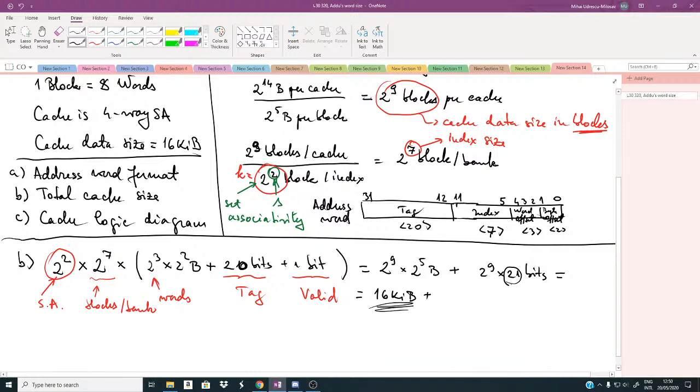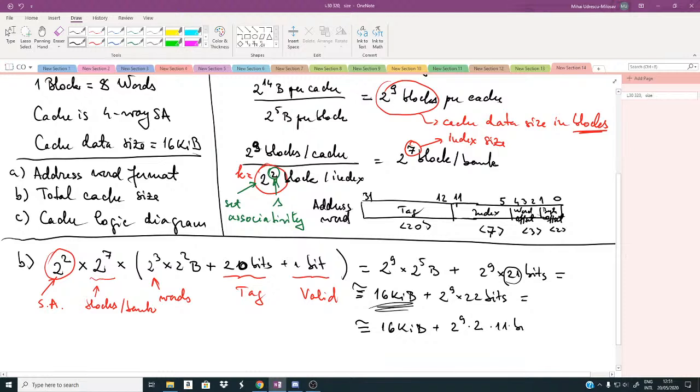Why? Because you need to divide it by 2. Because 2 times 2 to the power 9 means 2 to the power 10, and that's 1 kilo. So this is 16 kilobytes plus 2 to the power 9 times 2 times 11 bits.